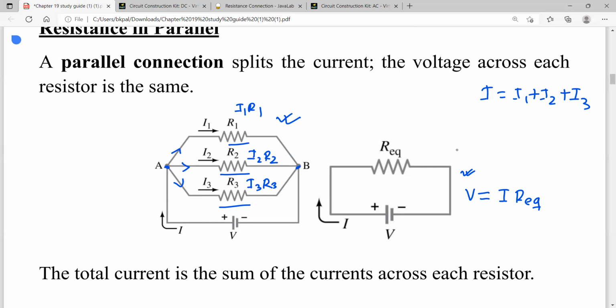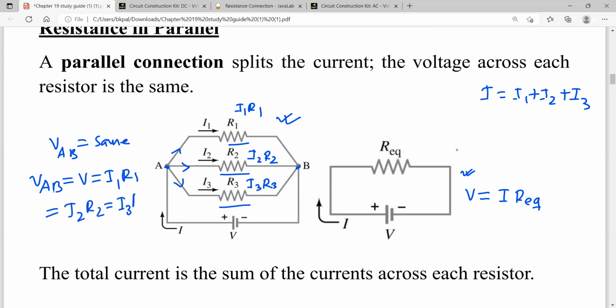So you see all the lines are connected between A and B. It tells us that the potential difference VAB is the same, and this tells us that VAB is equal to V is equal to I1 R1 is equal to I2 R2 is equal to I3 R3.